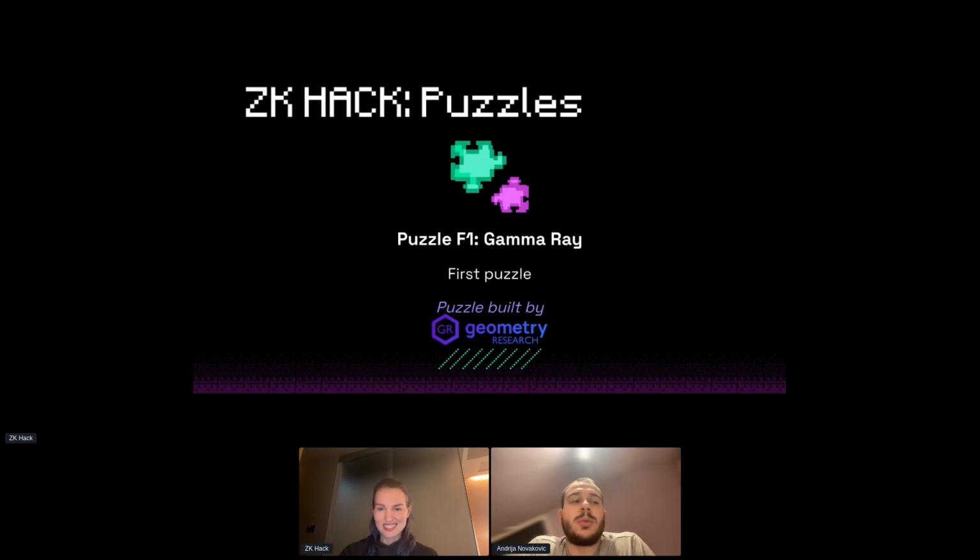This first puzzle was the classic double spend problem, which I think, for whoever started in ZK, is one of the first problems approached with nullifiers and everything. So the idea was to create another nullifier and be able to double spend your funds, which in general is not nice to do, and you should not be able to do it.